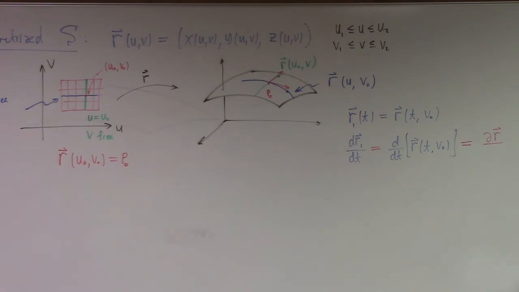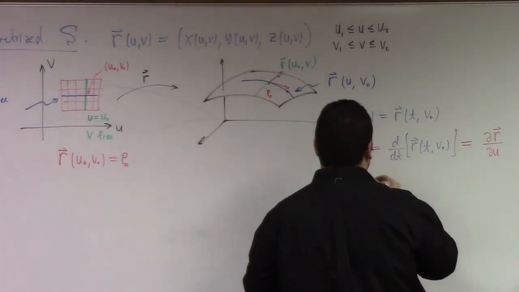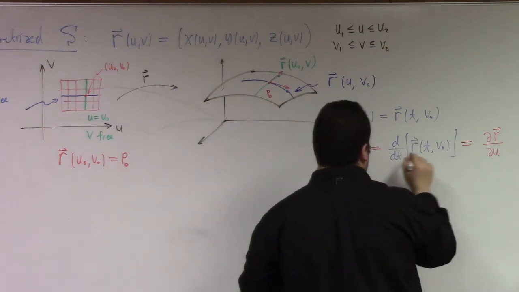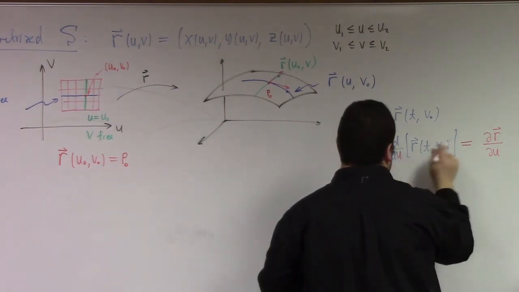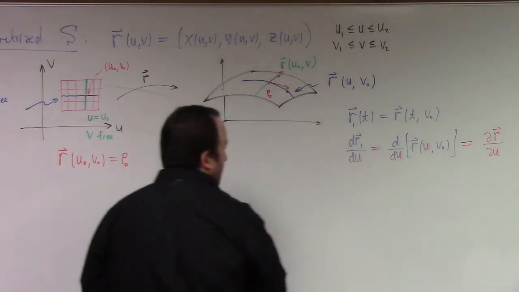I'm changing u, holding v fixed, right? That is a partial derivative with respect to u, right? And I really shouldn't have done this t thing. I'm sorry. dr1 du. I'll fix it. I'm sorry, guys. Should have stuck to my guns.